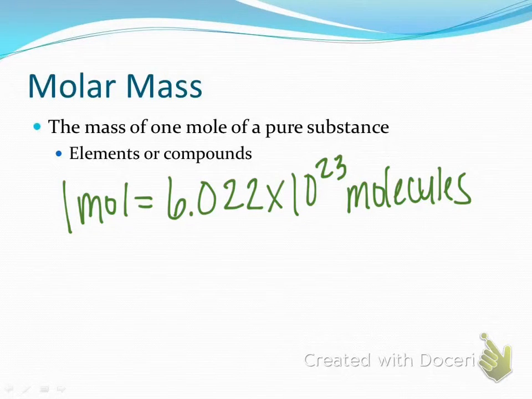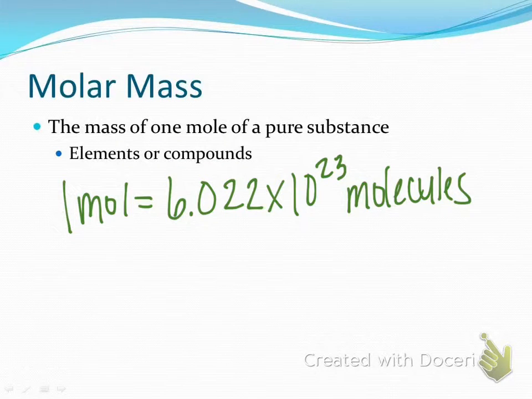Anything that is considered to be 1 mole, we know it has 6.022 times 10 to the 23rd molecules of that substance in it. So we could have a mole of baseballs. We could have a mole of roses. It would be a lot, but we could do it. So 6.022 times 10 to the 23rd of anything is equal to 1 mole.